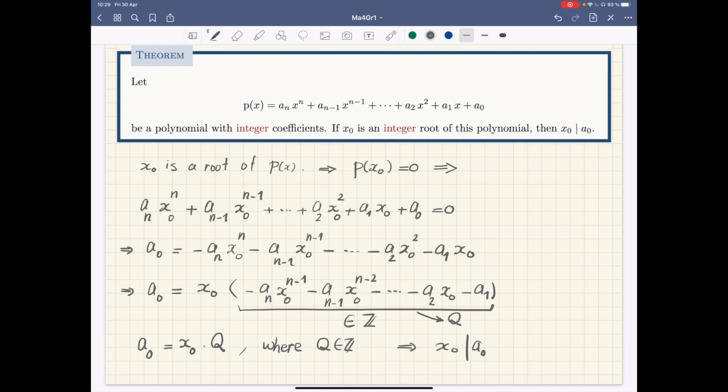But be careful, this is not claiming that if X node is a factor of A node, it is necessarily a root. No, this tells you that if X node is an integer and is a root, then that root should be among the divisors of A node.